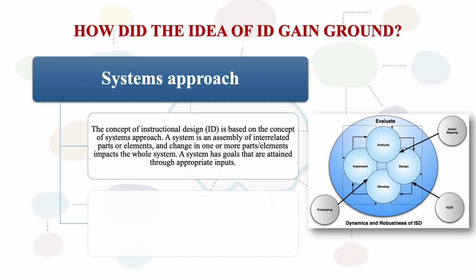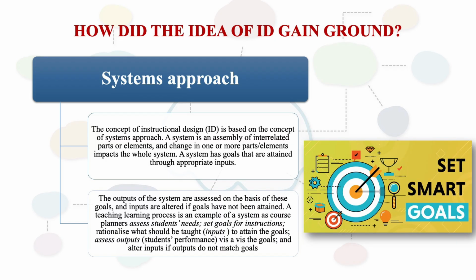A system is an assembly of interrelated parts or elements, and change in one or more parts or elements of a system would impact the whole system. Therefore, these parts do not work in isolation but are quite interrelated. And the system as a whole has goals that are attained through appropriate inputs. The outputs of the system are then assessed on the basis of these goals.